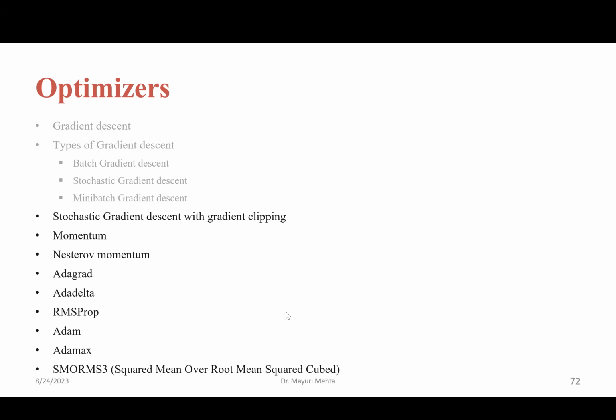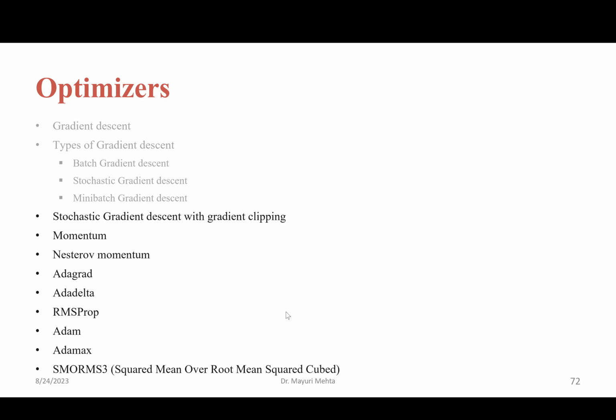The AdaGrad algorithm adjusts the learning rate of each parameter of the neural network adaptively during the training process. Specifically, it scales the learning rate of each parameter based on the historical gradients computed for that parameter.